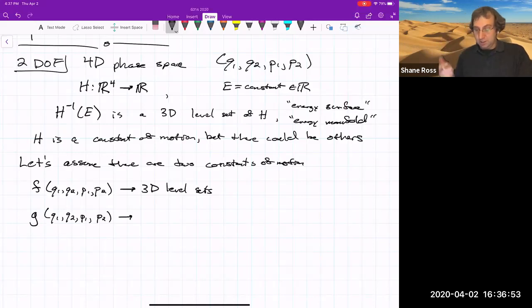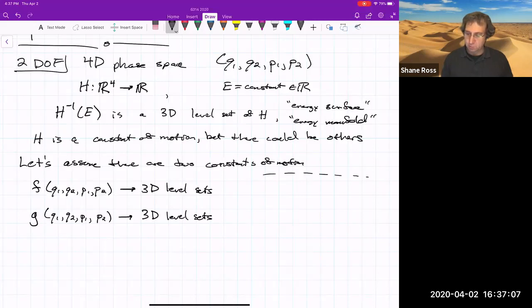G equals a constant also defines 3D level sets. Now, how can you have motion along two 3D level sets in a 4D space? Well, we can try to build up intuition by looking at lower dimensional things.